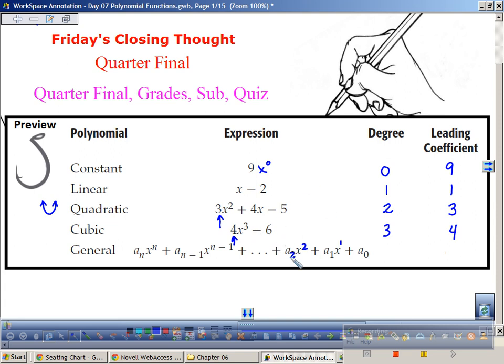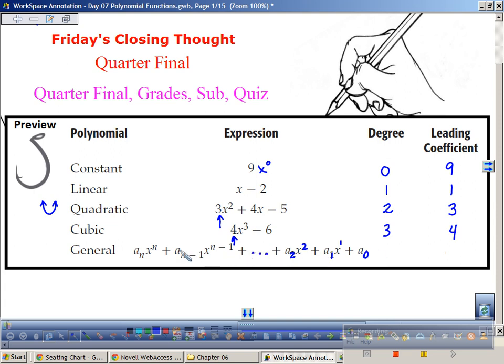And the next one? X to the 4th. The only thing that this little number down here is telling you is this one is the very first one. This is the second one. I know it says 1, but we start with 0, right? This is the starting point. Here's the next one. Here's the next one. Plus, dot, dot, dot.